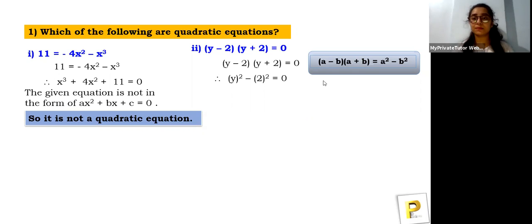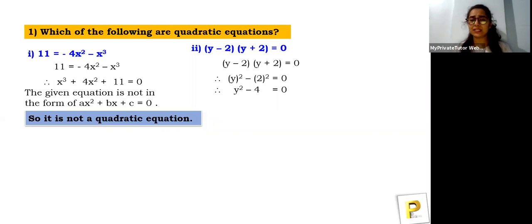So now see, if you observe, is it a quadratic equation?